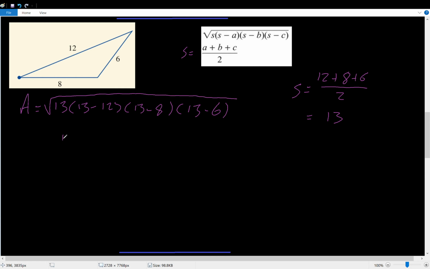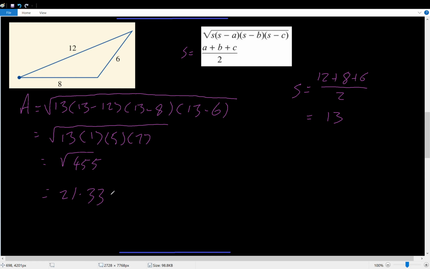So it's going to be 13 times 1 times 5 times 7 all under a square root, which is going to give us a square root of 455, which is equal to 21.33072901 units squared. And that is that.